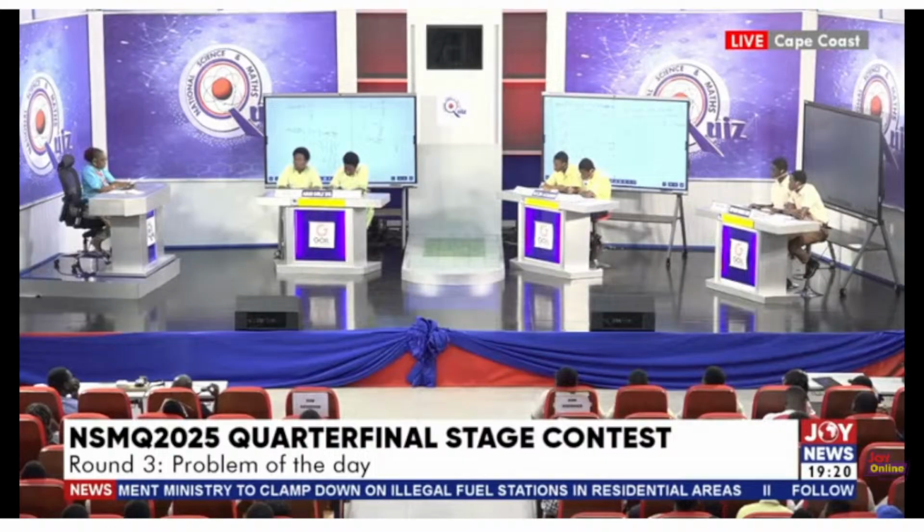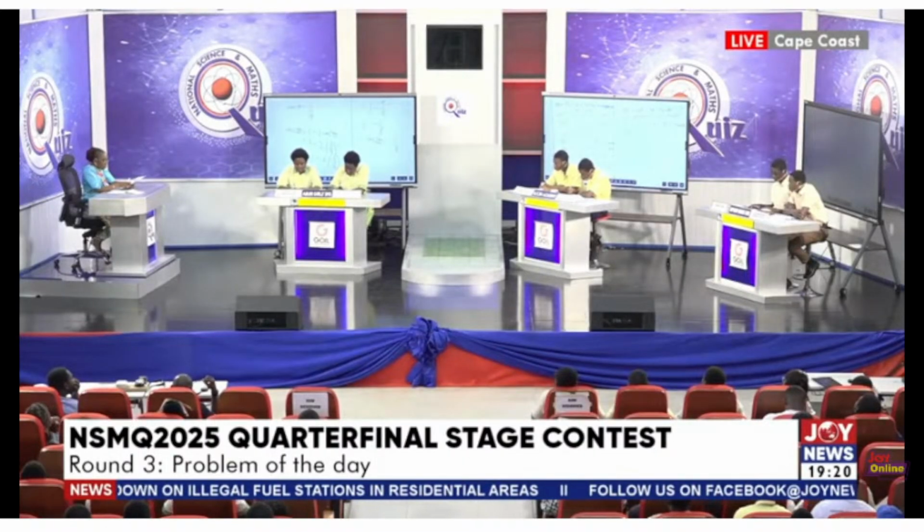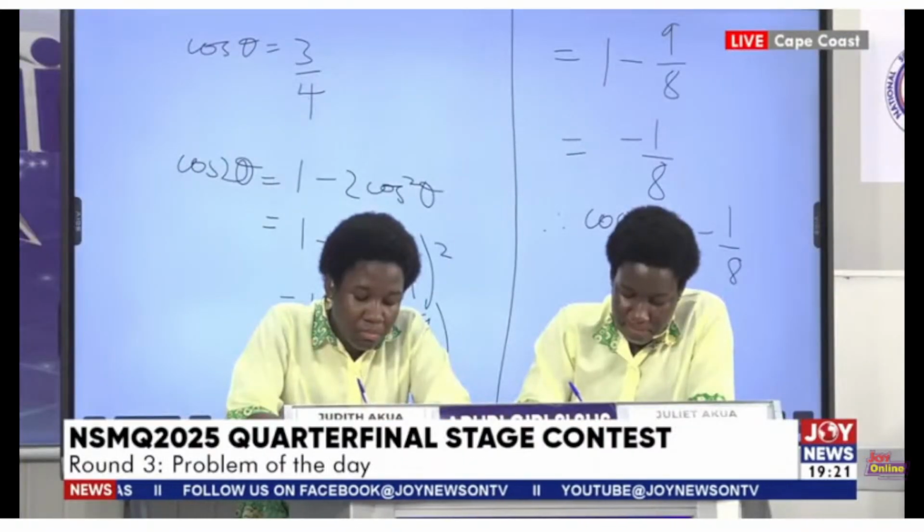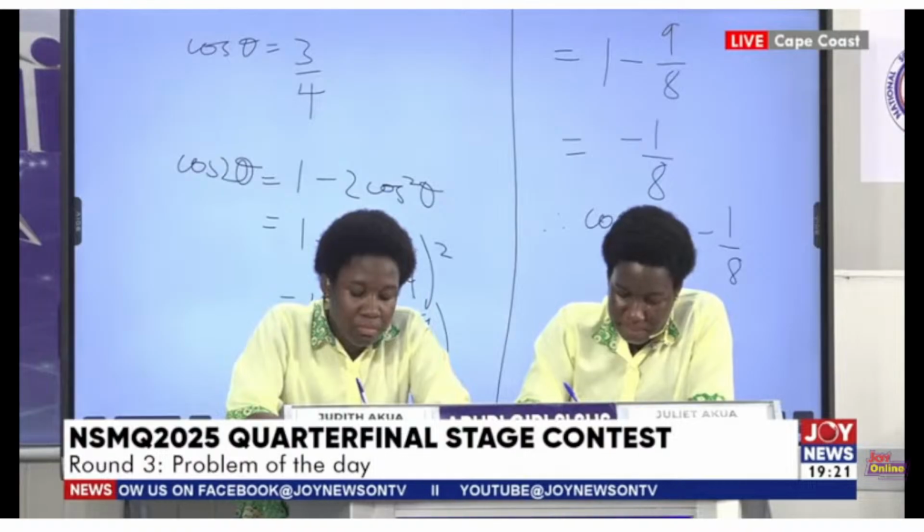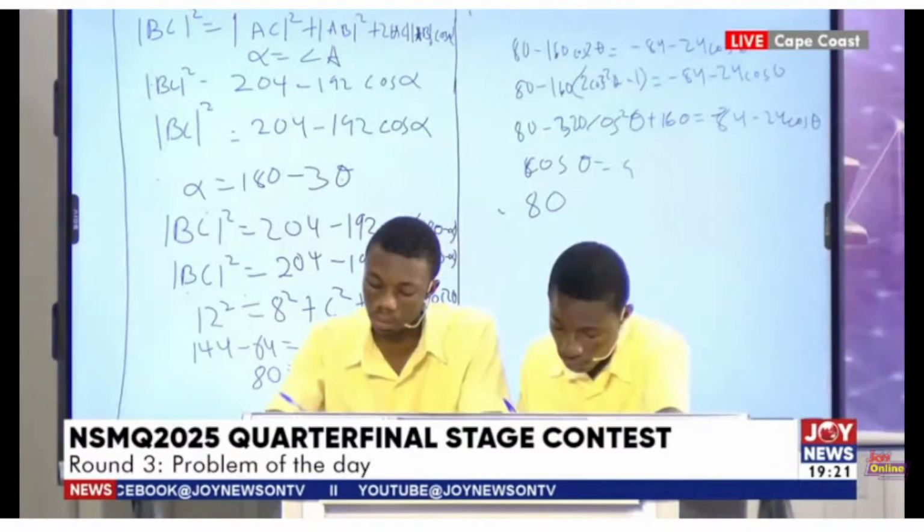Cosine of 2 theta is equal to 2 multiplying cosine squared of theta minus 1. And now we can substitute some things because we have enough information to do so. So we'll have 2 multiplying 9 over 16 minus 1.